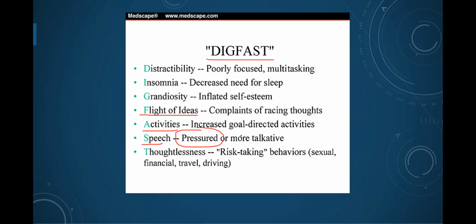This patient has pressured speech, which is loud talkative speech, and T for thoughtlessness. Thoughtlessness means the patient will have mainly risk-taking behaviors. So increased sexual drive, reckless driving, traveling to many areas, spending a lot, gambling. All these are features of mania.